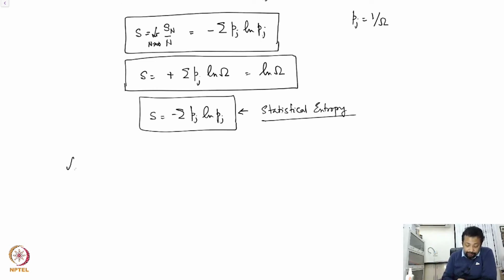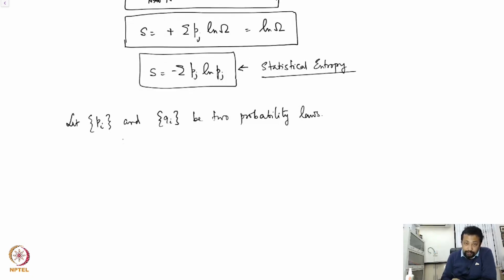So first, let pi and qi be two probability laws. Then we consider sum over pi ln qi minus sum over pi ln pi. Correct? Now I can write this as sum over pi ln qi over pi.